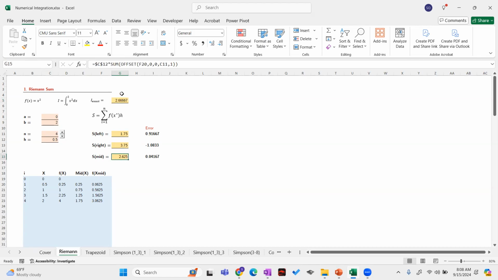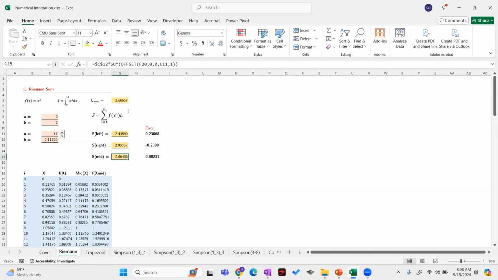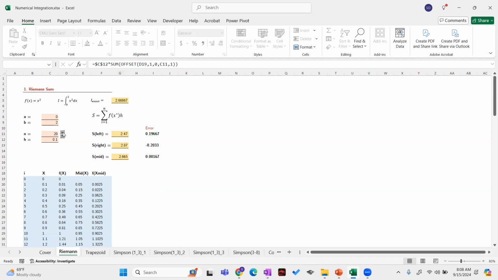And this is just hovering around this value, right? And it will become more and more accurate. So let's see that. If I increase another step, I'm getting closer and closer to the true value. You can already see the middle sum is doing a great approximation to the actual value. These guys are still trying to converge, right?